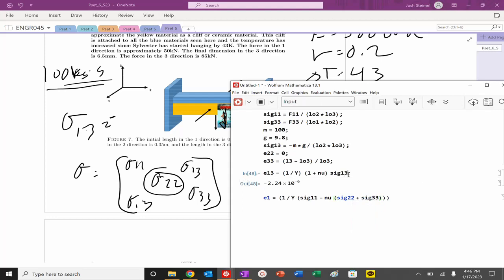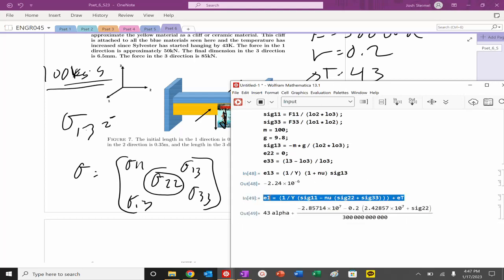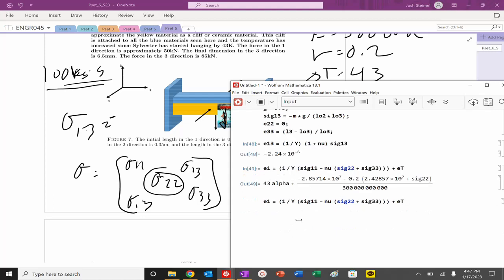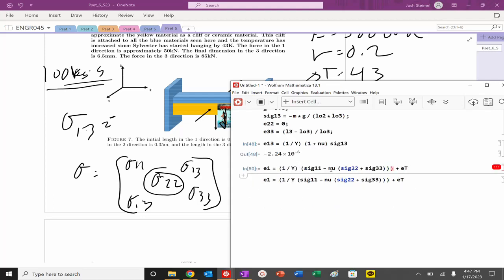There's no epsilon T here because shear stresses do not generate thermal expansion, and thermal expansion does not generate shear strains. So we got that one right here. Let's copy and paste.